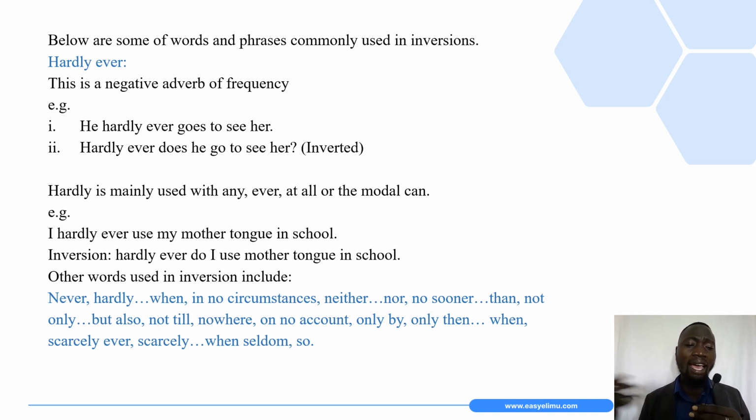The other words that can also be used in inversion include never, hardly, which goes with when; in no circumstances; neither, which goes with nor; no sooner, which goes with than; not only, which goes with but also; not till; nowhere; on no account; only by; only then; scarcely, ever, and scarcely, which goes with when.